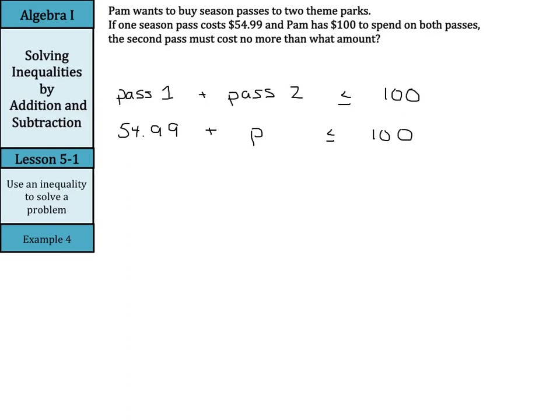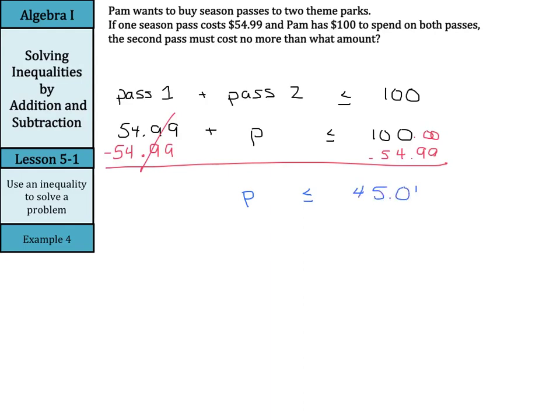Well, how do we solve for P? To get our P alone, subtract $54.99 from both sides. And your result is P is less than or equal to $45.01.